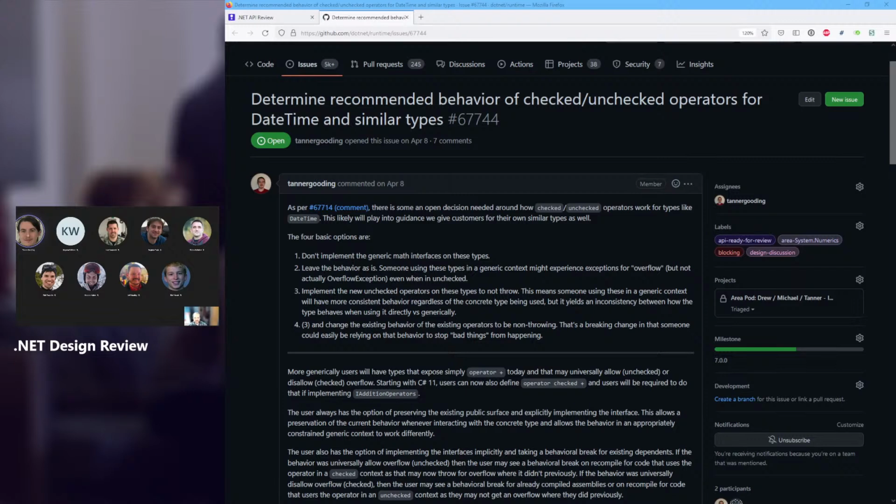The first is you don't implement the generic math interfaces on these types, so you make no changes at all. That's feasible and reasonable for some type like date time. That's less feasible for something like big integer. We can leave the behavior as is, effectively saying that both in a checked context or in a generic context and when using the concrete type directly, the behavior matches whatever the type is already doing.